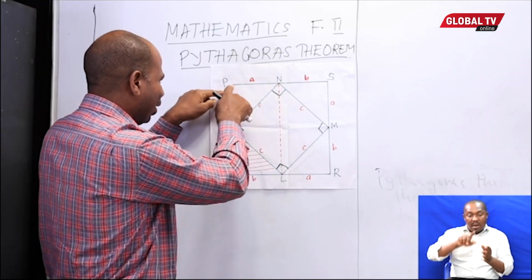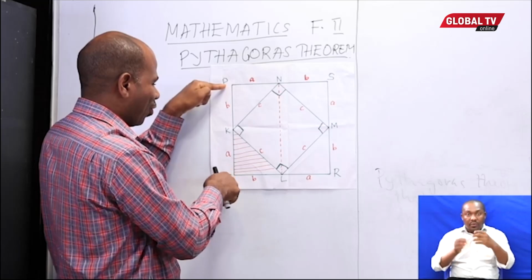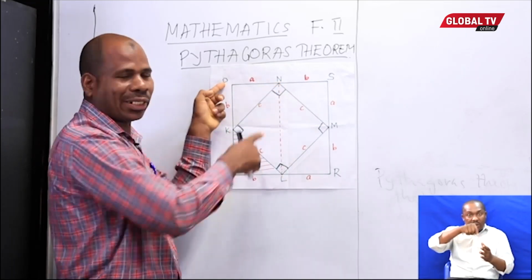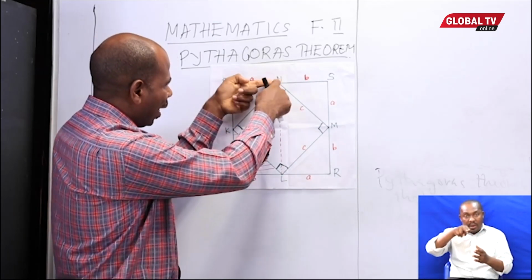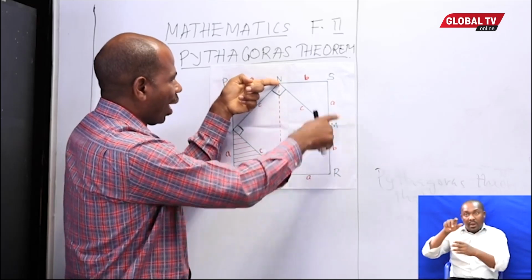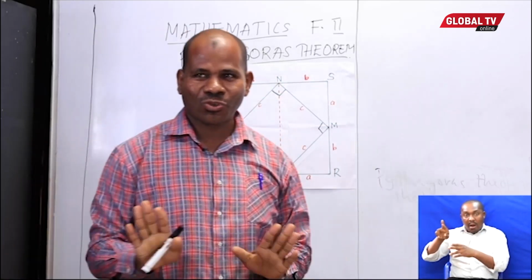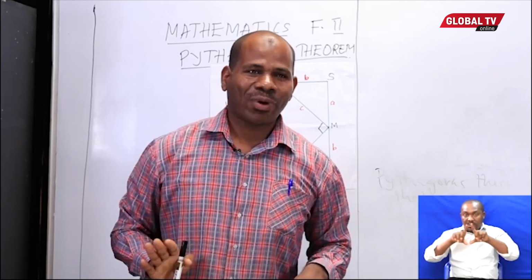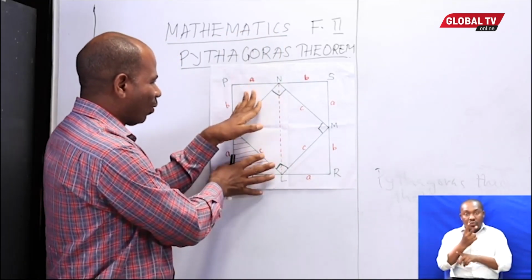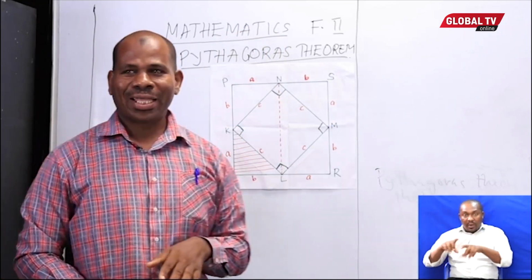So now we have two parts of the squares. We can call this one PQLN, and another one NLRS. So you have two squares which are equal. But we are interested to take only one and forget about the second.